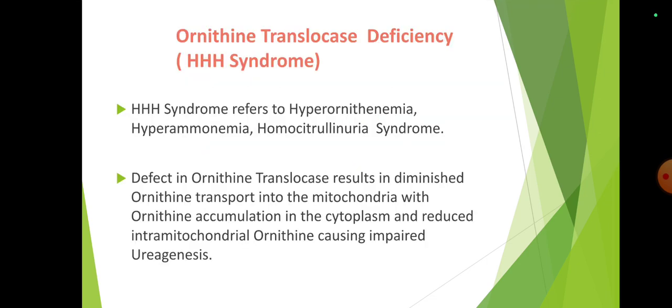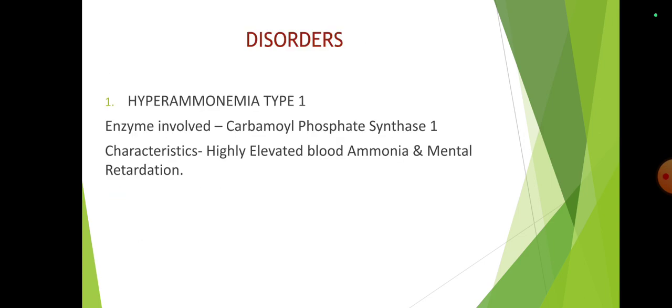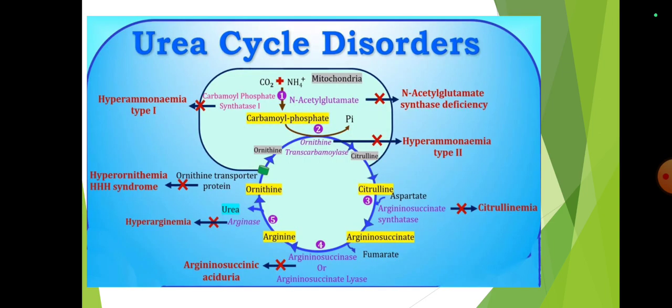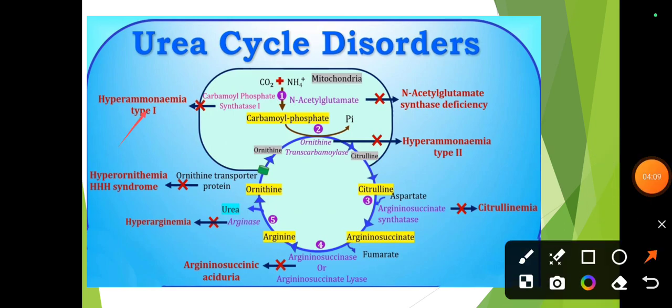There is one more syndrome, that is HHH syndrome. Before going on to HHH syndrome, we have to see that slide, urea cycle disorders. First disorder we have discussed is hyperammonemia type 1. In hyperammonemia type 1, there is a defect in the enzyme CPS 1.